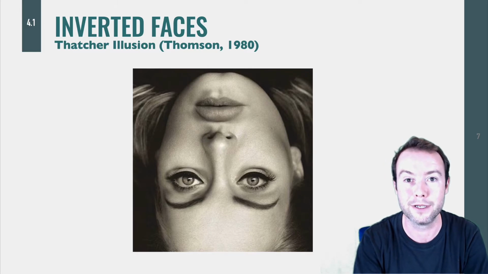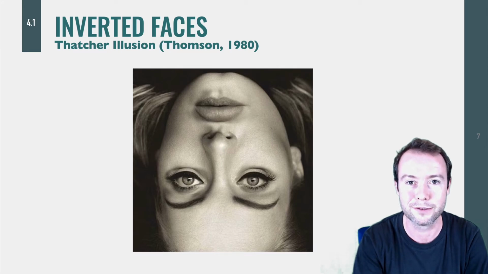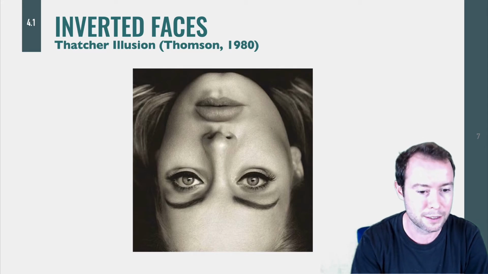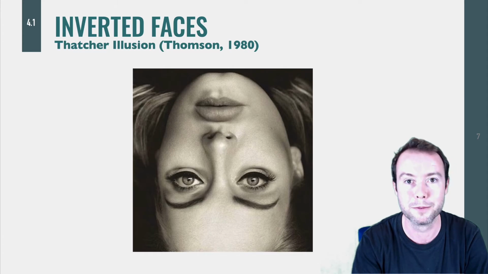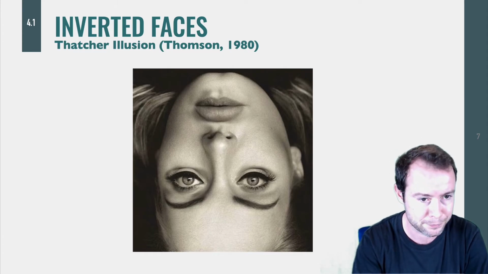Now, many of you, if you're looking at that, it might come to mind that this is Adele, that you have a kind of recognition there. If not, that's not a problem. It is more challenging to recognize a face upside down.